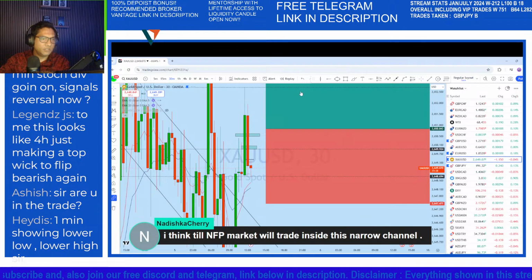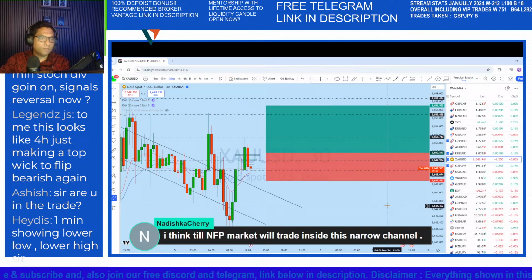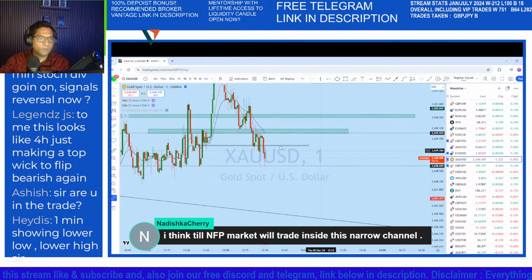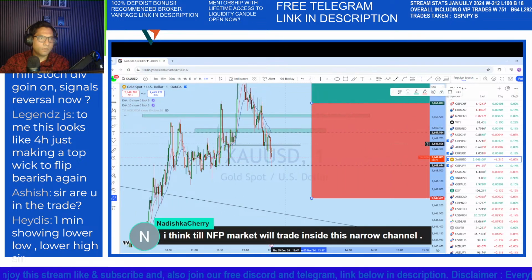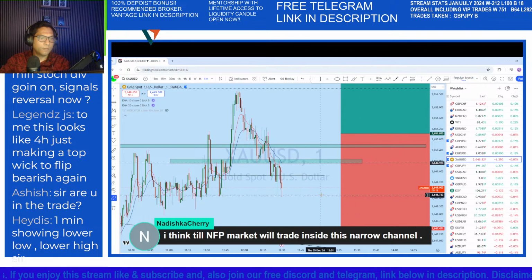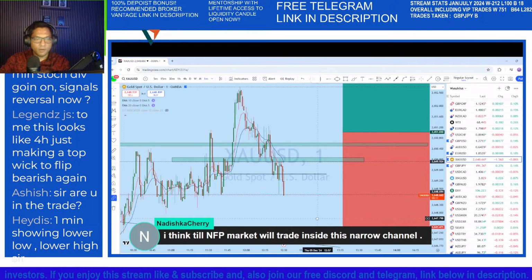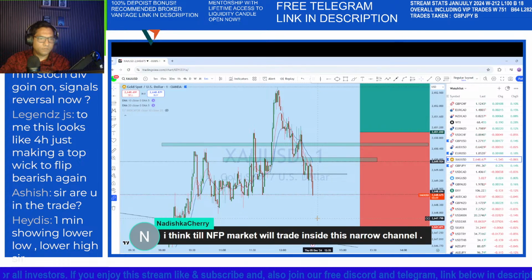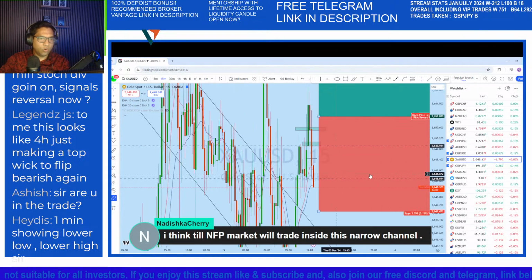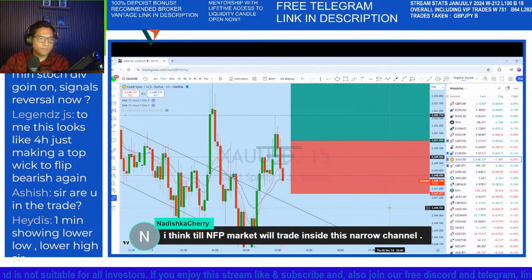So if you look at the 30 minutes, candle close on the 30 minutes, so drop. So an important support level here. Might break all this low and then could reject back to the upside.